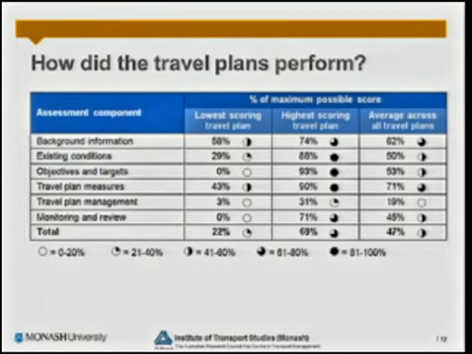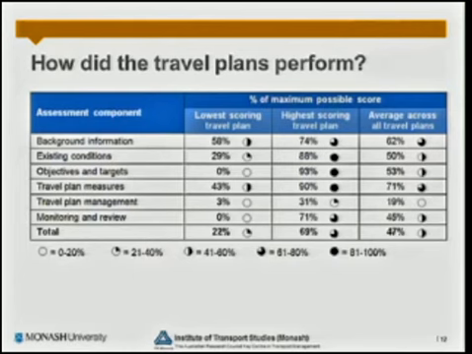Now, again, this is a metric that we've used to try and assess travel plan quality. I think there's scope to refine this and probably to go back to a group of practitioners and refine the measures and the weights that we gave to the different measures. But at least this was a consistent assessment framework that was used across all of those travel plans.